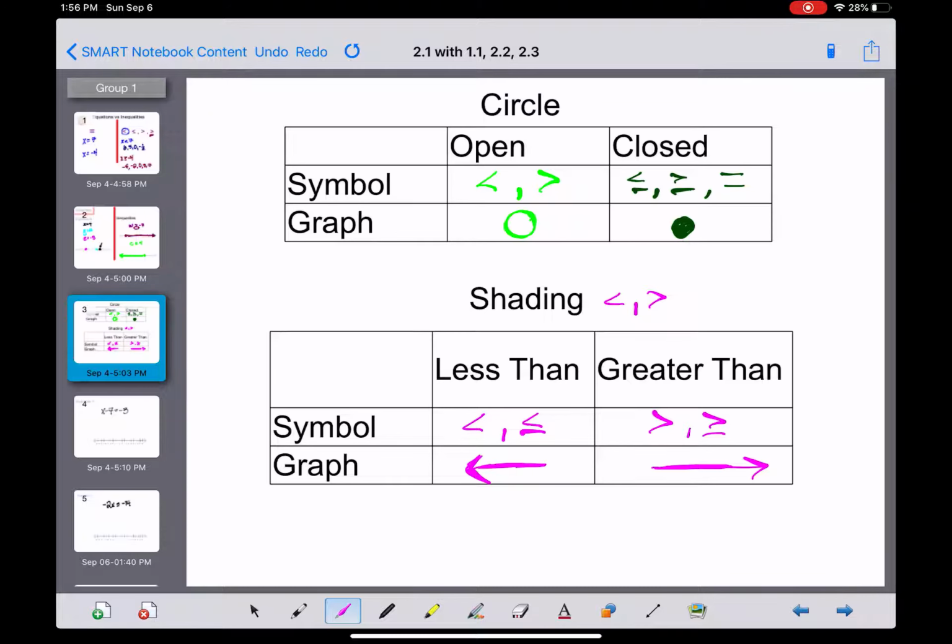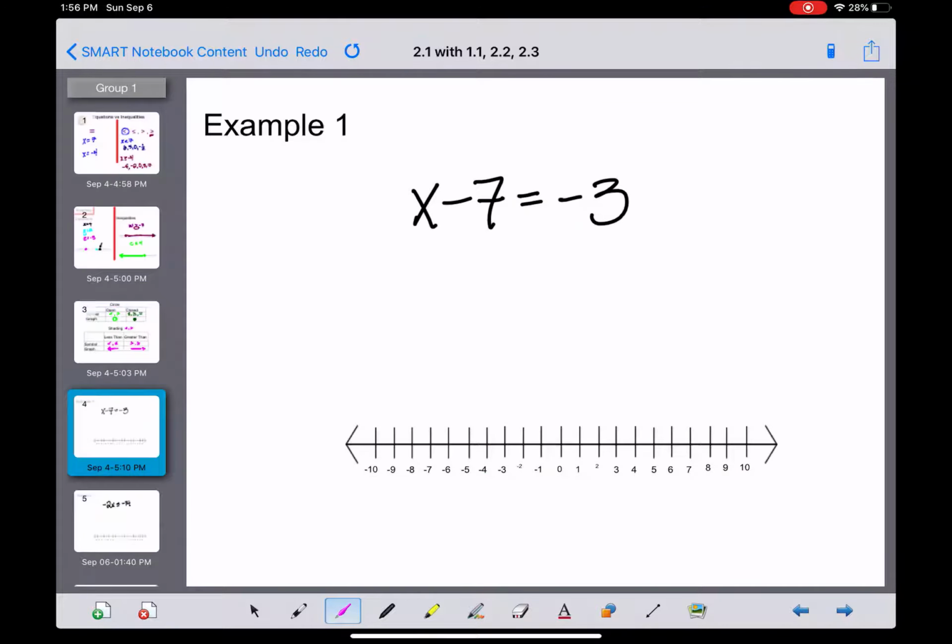So let's look at what we did last week, the last lesson, and solve, and we're going to take it one step further and graph. So we know that our goal for solving equations is to isolate the variable. So I need to isolate x by using the inverse operation of subtracting 7. The opposite of subtracting is adding 7.